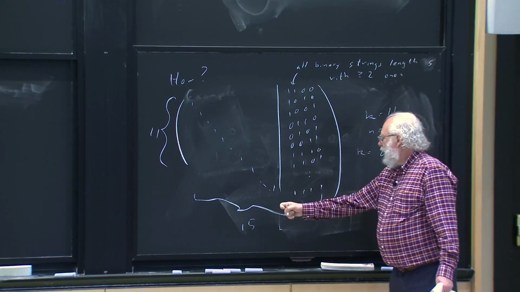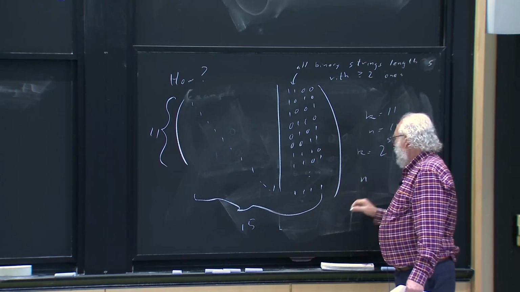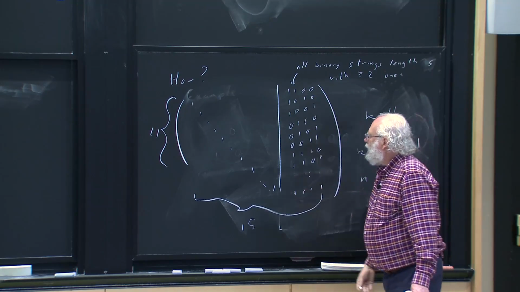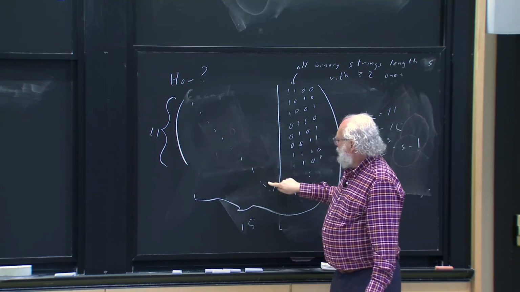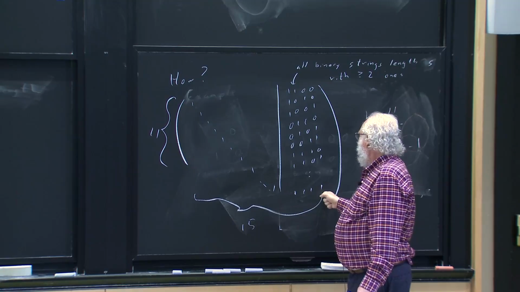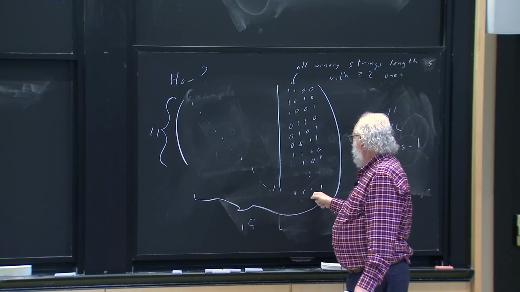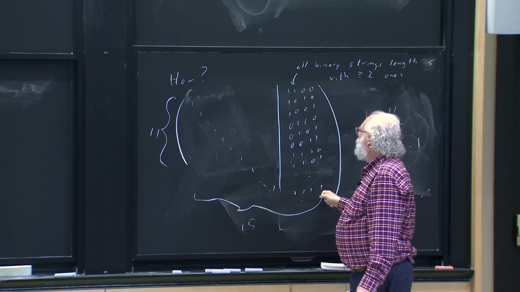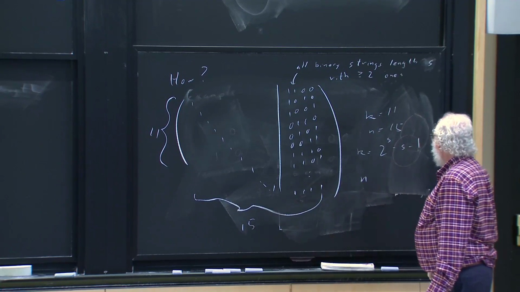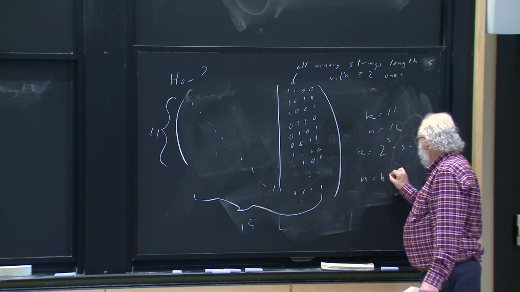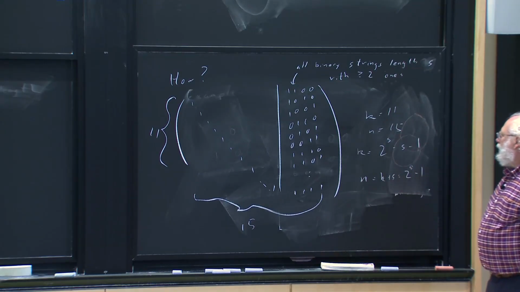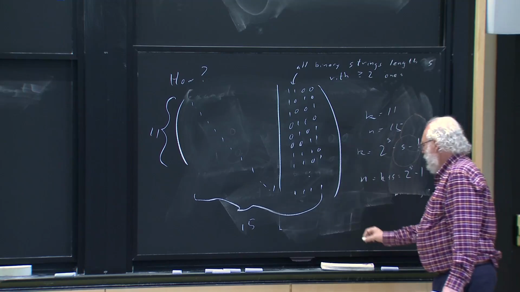And n has s more columns than k, since the identity matrix has an equal number of rows and columns. So n equals k plus s, which is 2 to the s minus 1. So this is the 15, 11 Hamming code.